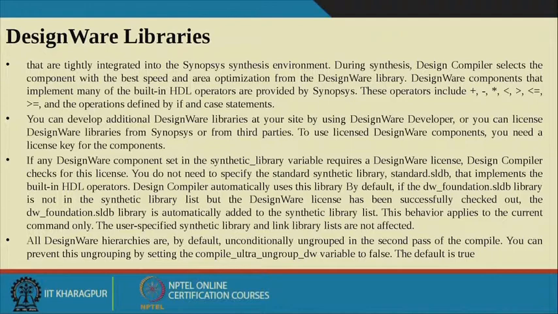If I do not want to build my multiplier on my own, I just write the star in the HDL code, and it will automatically choose the multiplier block from the DesignWare library. It will be converted based on my parameters, like the bus length, into the corresponding gate level netlist using the basic gates. Okay. So, that is the job of the DesignWare library.